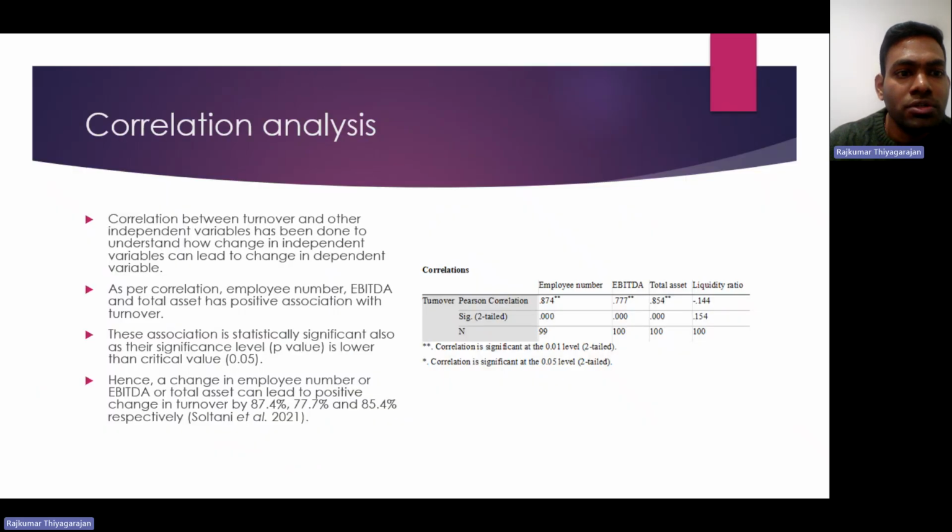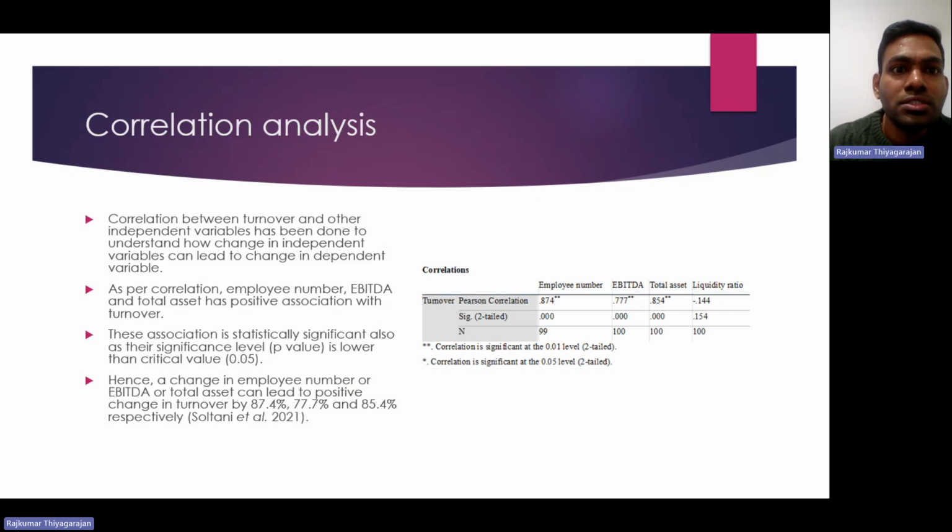The next slide, I'm going to tell about the correlations. The correlation analysis examines the relationship between turnover and independent variables. Results indicate a strong positive correlation between turnover and employee numbers of 87.4%, EBITDA 77.7%, and total assets 85.4%.